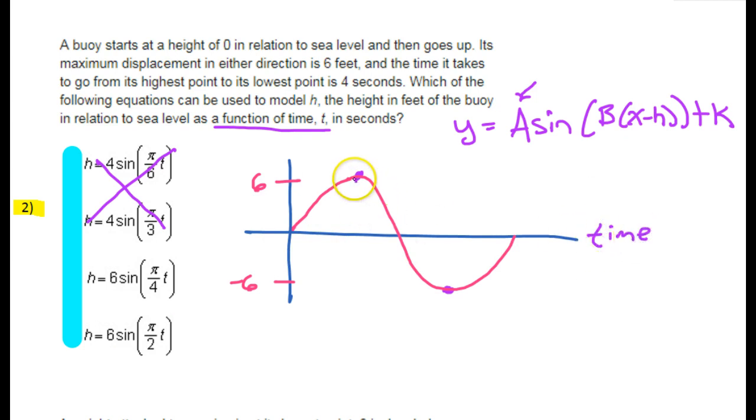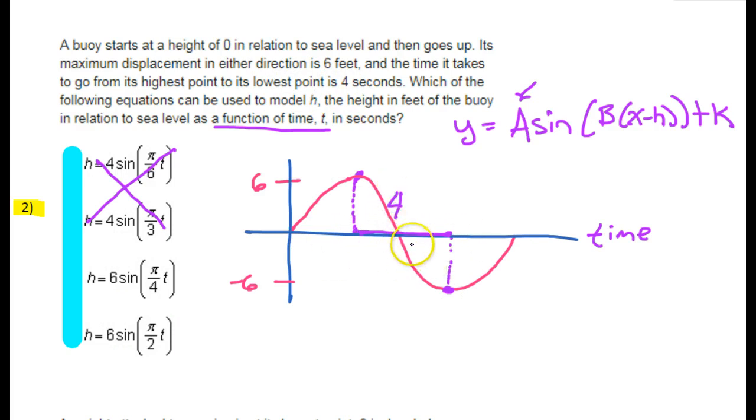If I want to know how long it is from its highest point to its lowest point, I need to look at the x-axis and decide what this distance is. They tell us that this distance from here to here is 4 seconds.